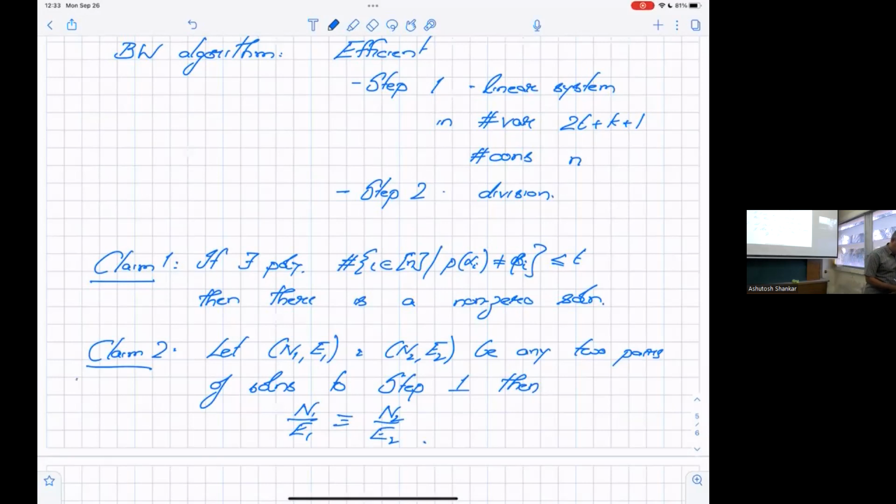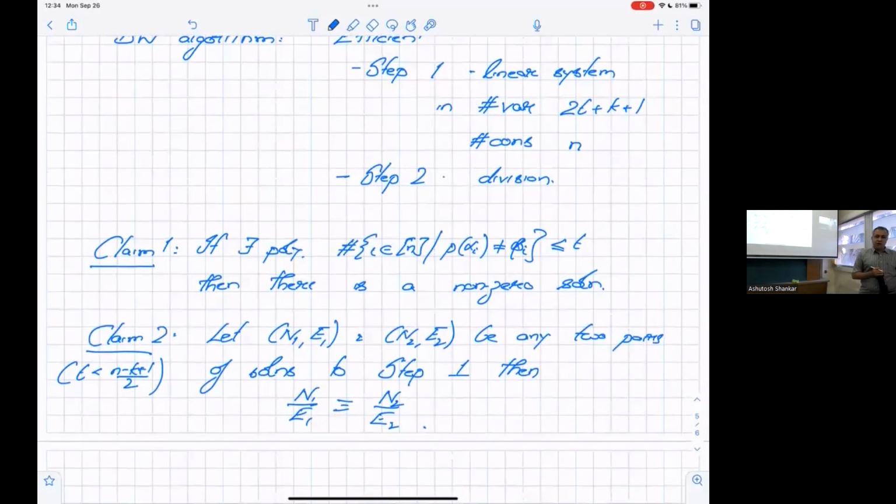And here is where I will use the assumption that t is less than (n minus k) by 2 plus 1. If both these claims are true, then we are done.